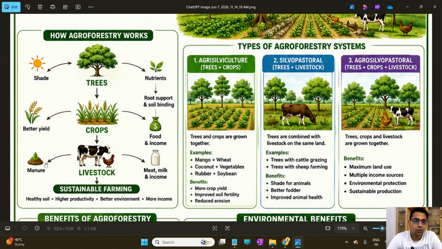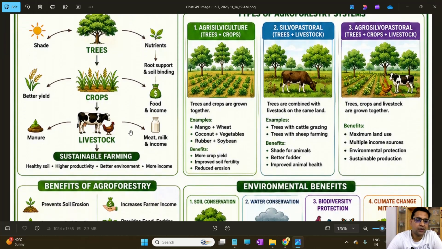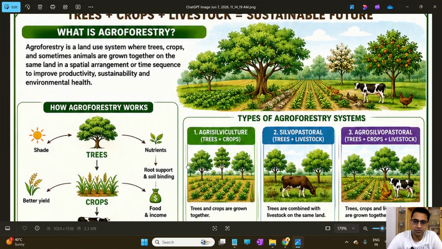Livestock provide manure, meat and milk. So all these things, trees, crops and livestock, all work together in an agroforestry system. This is one of the most important sustainable farming techniques which provides healthy soil, high productivity, better environment and more income.